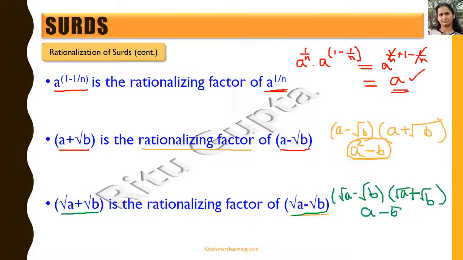So we get a minus b as a result, which is again a rational number. So root a minus root b and root a plus root b are the conjugates of each other. Why we are discussing these three is because most of the surds will be of this form, either the nth root of a, or a minus root b, or root a minus root b.